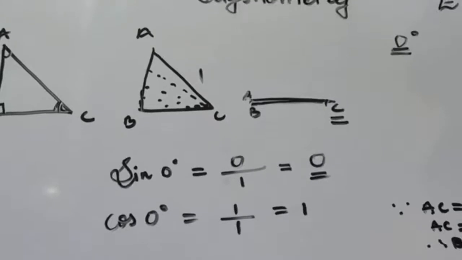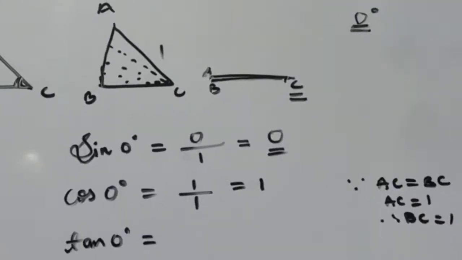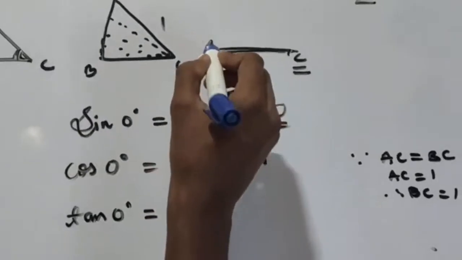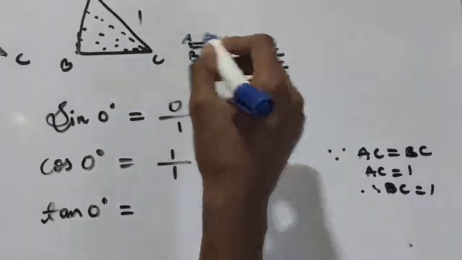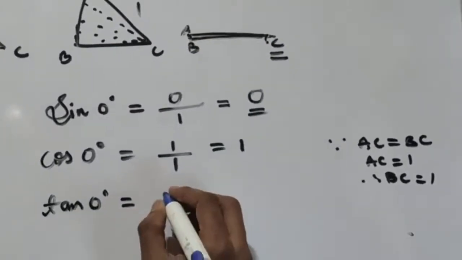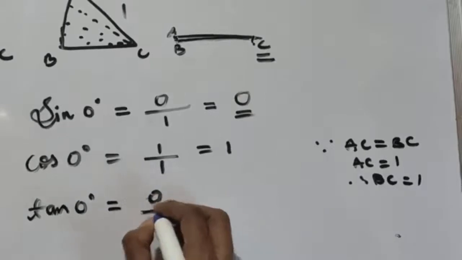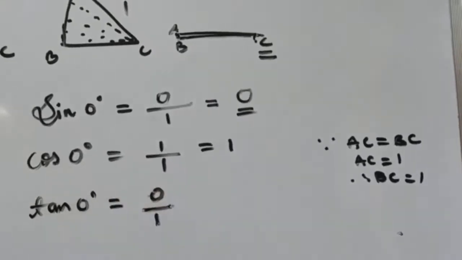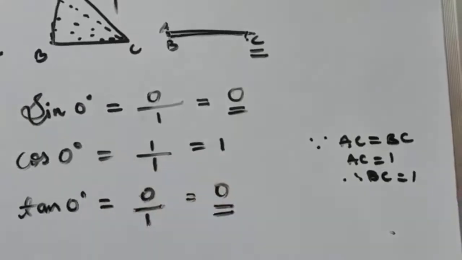Now let's find out tan 0 degree. Tan is opposite upon adjacent side. Here the length opposite to angle C is AB, which is having value 0, upon adjacent side, which is having value 1, so it will be 0 again. Any doubts?